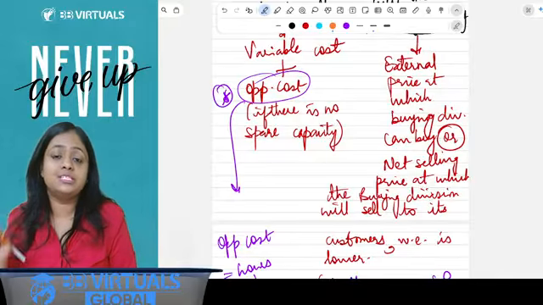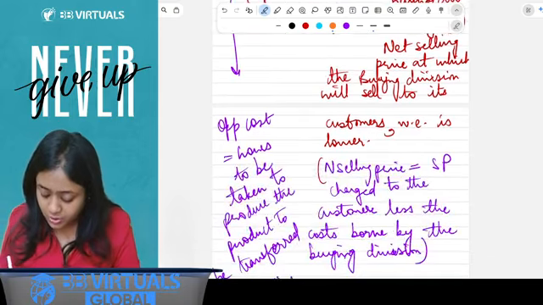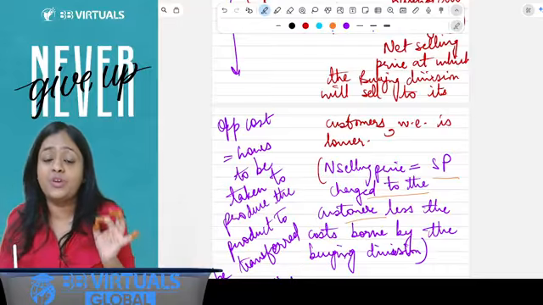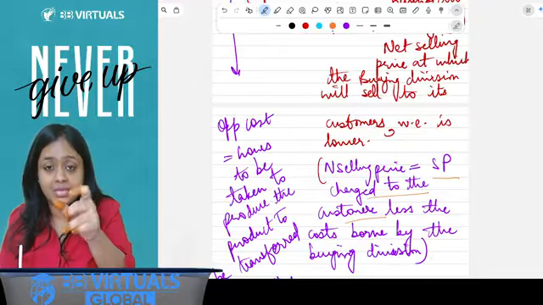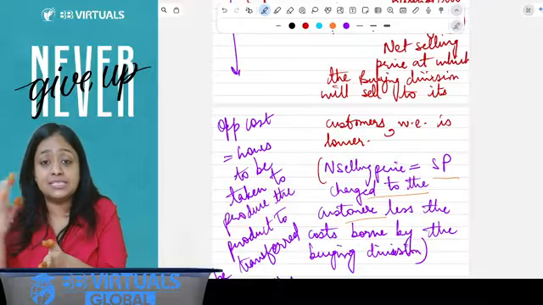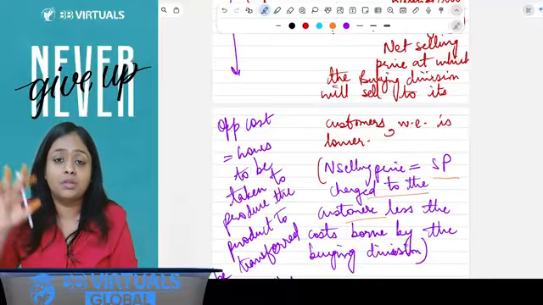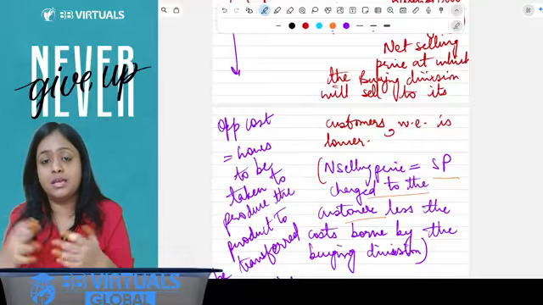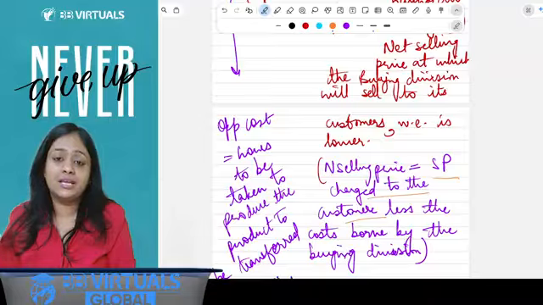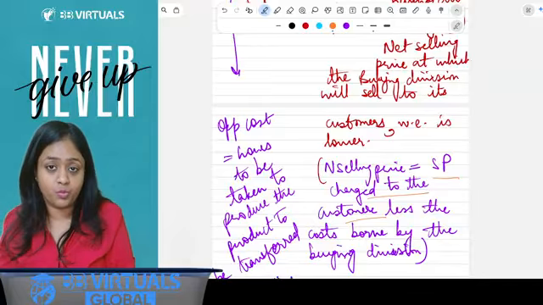And that price at which he's selling goods to the final customer, we take it as net selling price, which is equal to the selling price charged to the customer less the cost which is specifically borne by the buying division only. So their incremental cost. I repeat again, buying division will be ready to pay maximum price as the price which is lower of the price which they will pay to the market people, their market suppliers, or the net selling price, which is final selling price to the customer less the incremental cost applicable to them, whichever is lower.